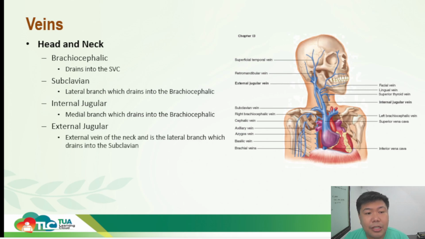Next is your external jugular, and the blood gathered by the external jugular will be brought into the subclavian. Okay? So, external jugular to the subclavian, subclavian to the brachiocephalic, and then brachiocephalic to the superior vena cava.